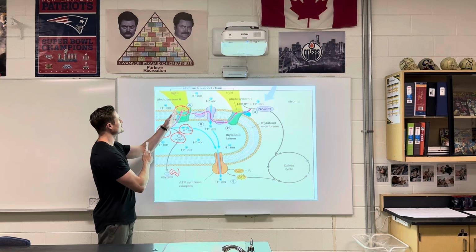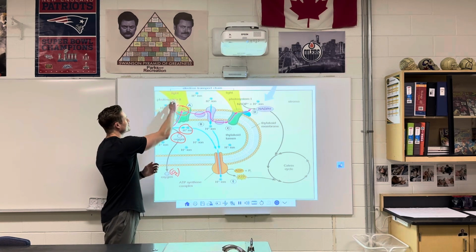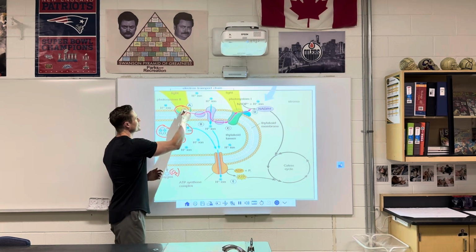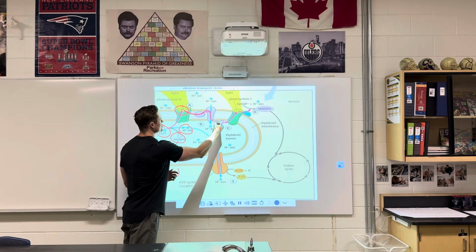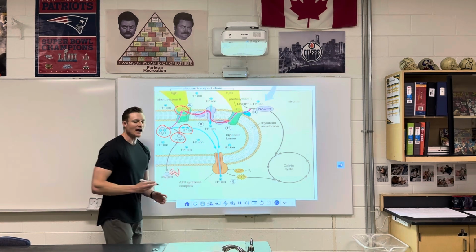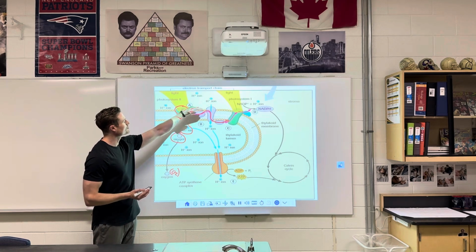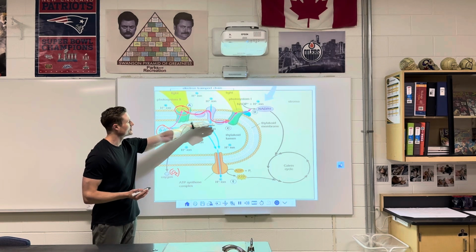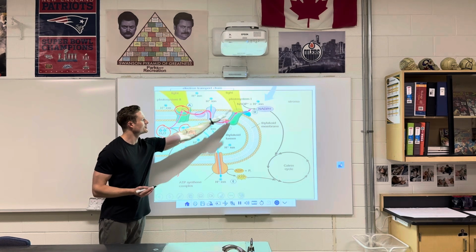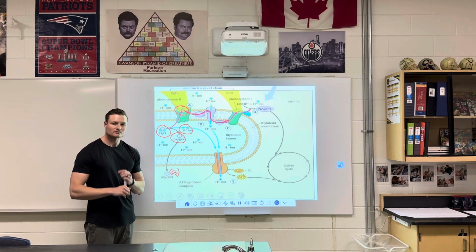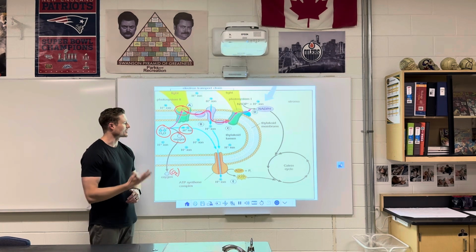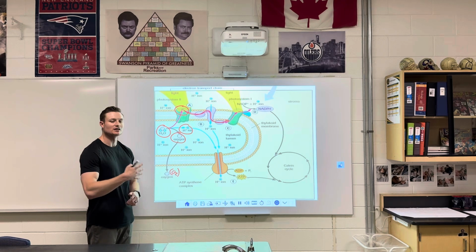So the electron is going to enter photosystem 2, be charged up with light, and then go down what's called the electron transport chain, or the ETC. As it goes down the ETC, which is essentially a channel of proteins within the membrane, it will be transported to photosystem number 1. Now, as it's moving down that electron transport chain, it's going to be losing energy.